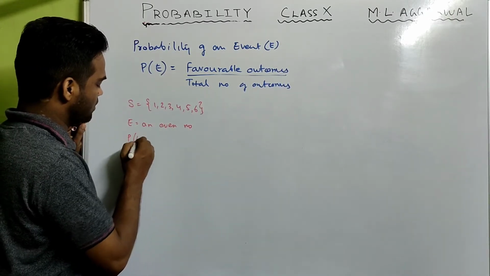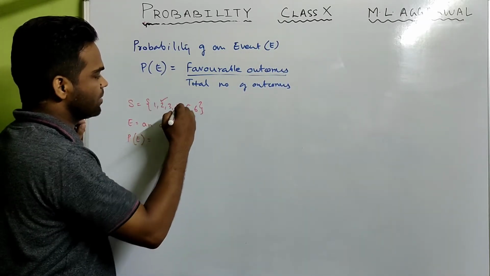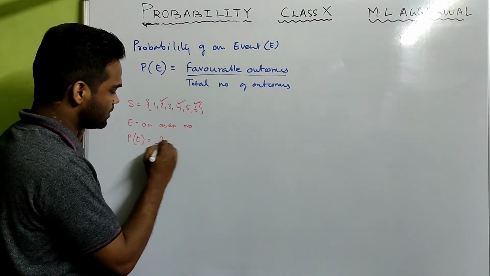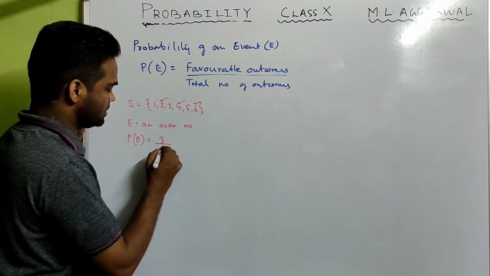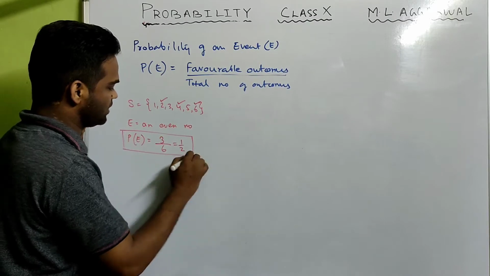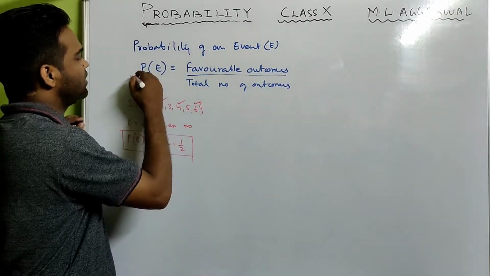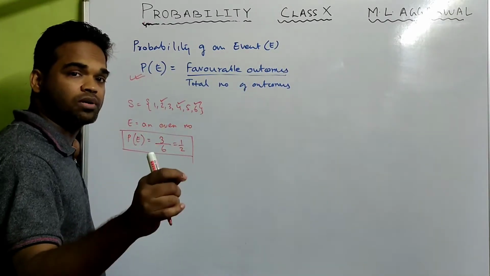Favorable outcomes will be 2, 4 and 6. There are 3 favorable outcomes, and the total number of outcomes is 1, 2, 3, 4, 5, 6. So getting an even number, the probability will be 1 by 2. Am I clear? So probability of event E is favorable outcomes by total number of outcomes.